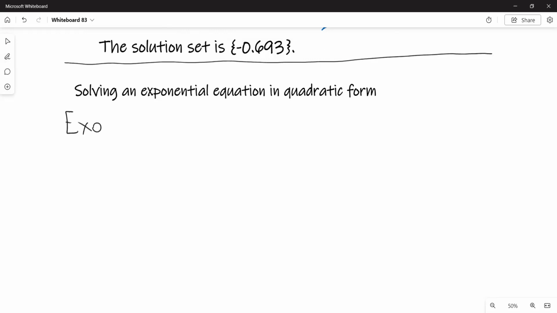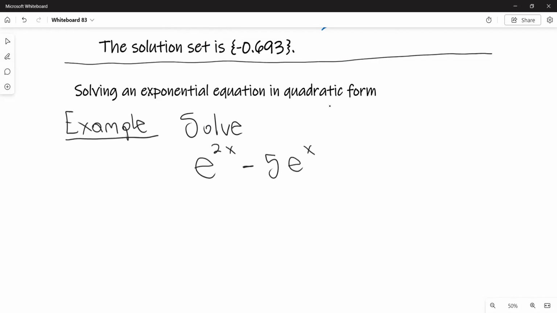Okay, so that's the next example. We are going to solve e to the 2x minus 5e to the x plus 4 equals 0. And we're going to give exact values for x.